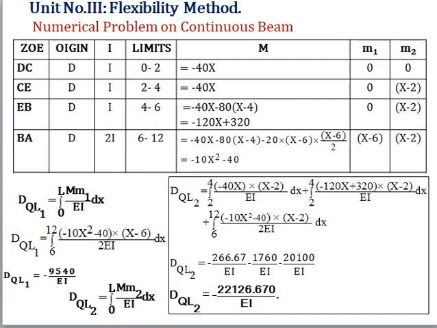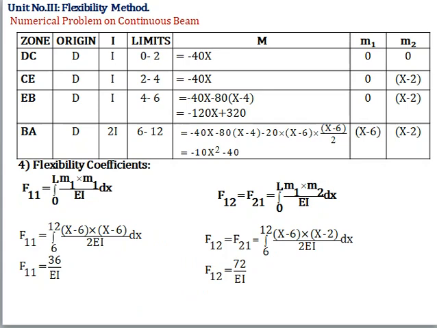After this we developed the flexibility coefficients, and for that we use the equations: f11 is the integral from 0 to L of m1 into m1 divided by EI into dx, and f12 is equal to f21 is equal to the integral from 0 to L of m1 into m2 divided by EI into dx.